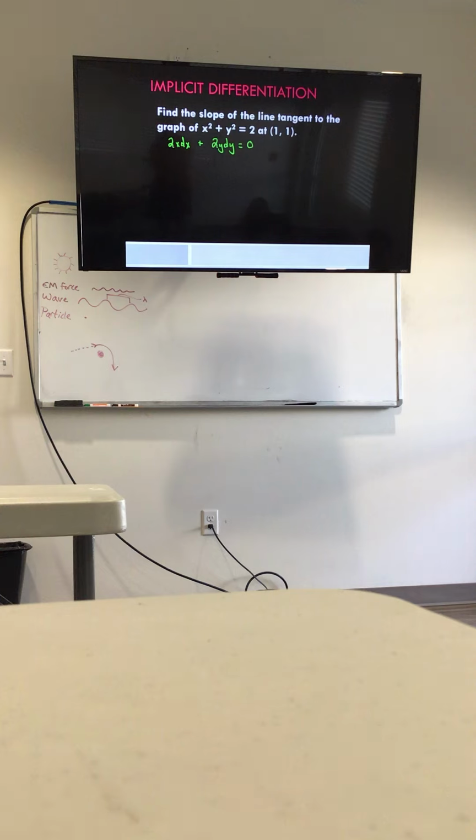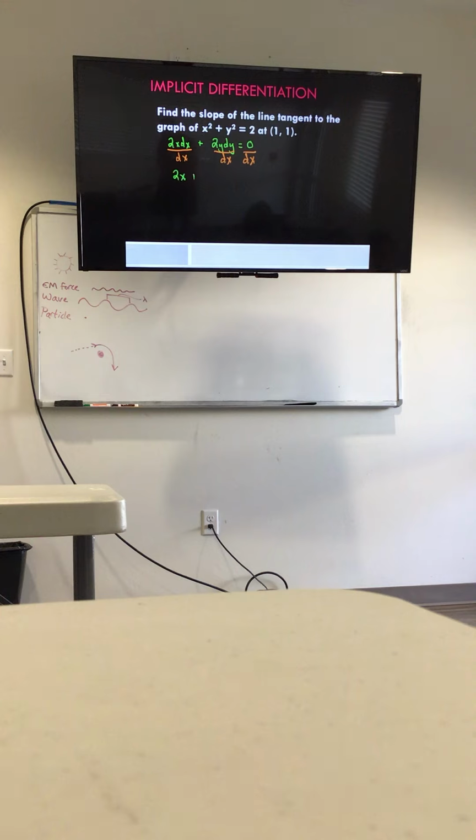Based on that, Anna, what must I divide by on my next step? dx. So all of the parts of our question are going to get divided by dx. All right, and Alyssa, can you tell me what the equation now says after I do that?